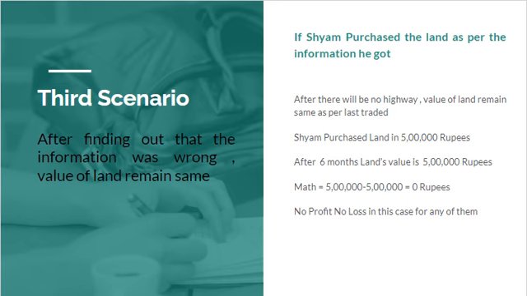Keeping yourself in Shyam's position, you would be eagerly waiting for, or you would need, a land which we talked about, by which a highway is going to be. It can be rumored, it can be true.